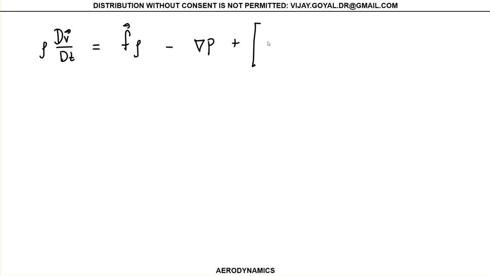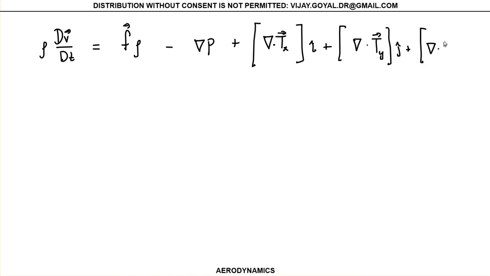And what I'm going to express here is that this is nothing else than the gradient of T of x in the i direction plus the gradient of T of y in the j direction plus the gradient in z in the k direction.